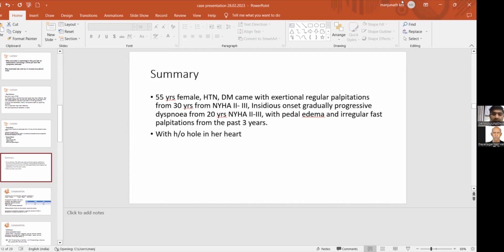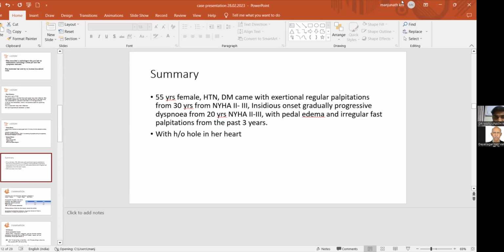Sir, the natural history is, once they go in for severe right heart failure, they will be in a very bad shape. They will not be in class 2 to 3. I don't know whether I have seen cases with HCM who have gone in for gross right heart failure. I don't know what is the experience of others. Anyway, obviously, it should be very, very uncommon. Once they go in for right heart failure like this, they will be in a very bad shape.